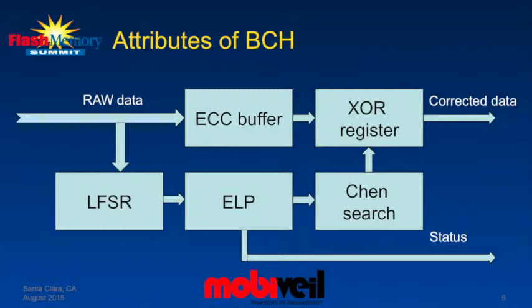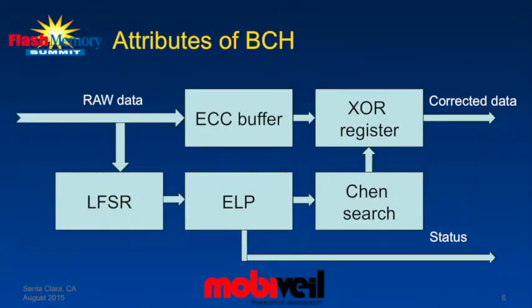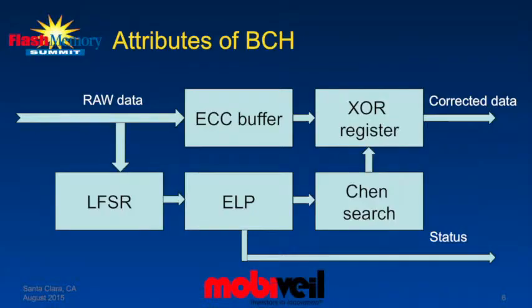Okay, BCH was interesting, it's quick, it's consistent. You can guarantee that a certain cycle after raw data appears, the corrected output will start flowing. You know, on cycle 27 that bit 5 will come out, whatever. As far as engineering is concerned, this is a dream, right? Because it behaves in a very specific way. You can optimize it. The problem for BCH is that the ELP and the chain search modules grow linearly with error correction amount.